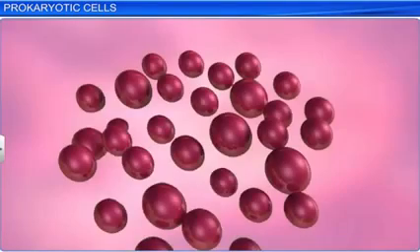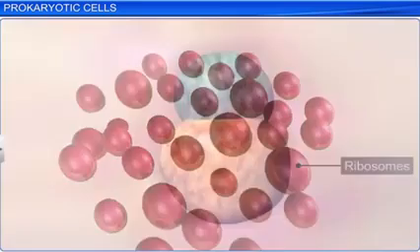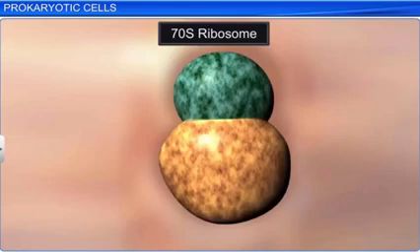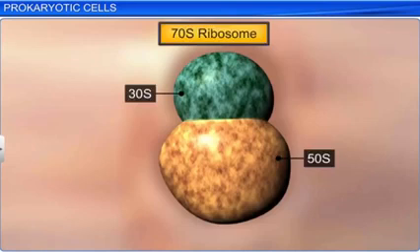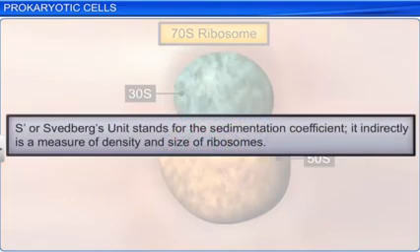The cytoplasm also contains ribosomes measuring about 15 nanometers by 20 nanometers in size, and consisting of two subunits, 50S and 30S, which together form the 70S ribosome. Here, S, or Svedberg's unit, stands for the sedimentation coefficient.